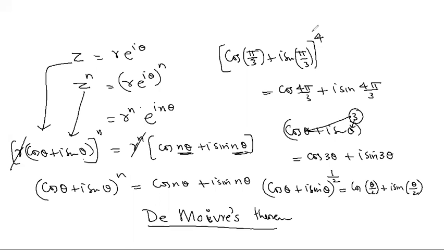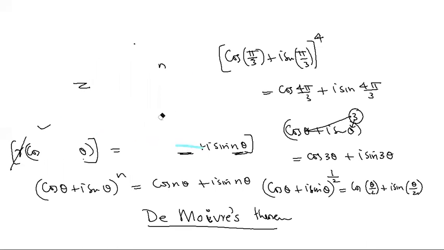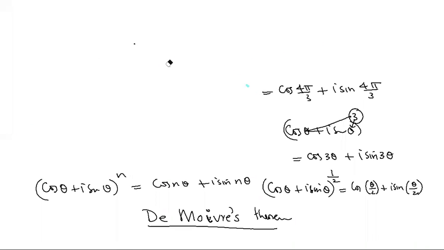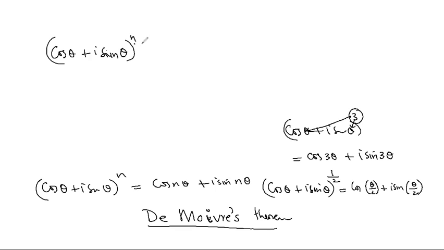So what does de Moivre's theorem say? De Moivre's theorem says cos theta plus i sin theta raised to n is cos n theta plus i sin n theta. n belongs to any real number. For all real numbers, this de Moivre's theorem is applicable.